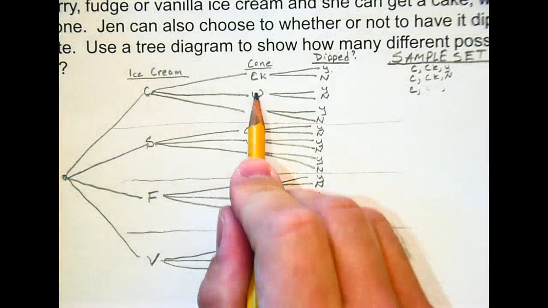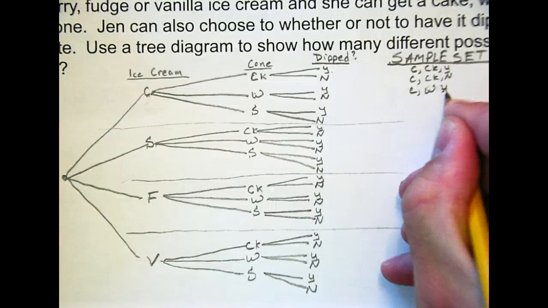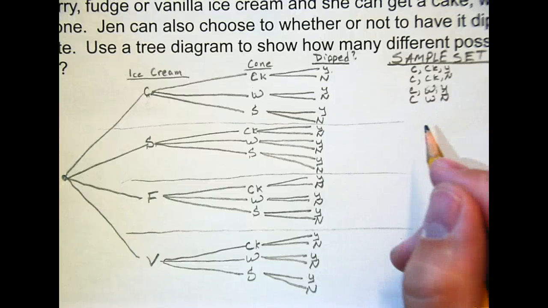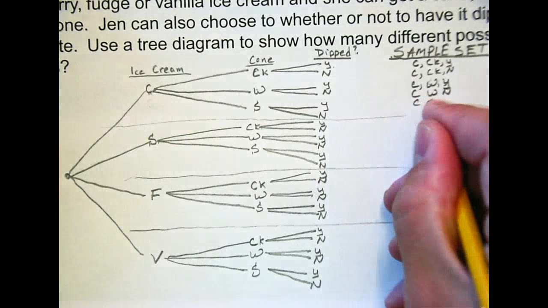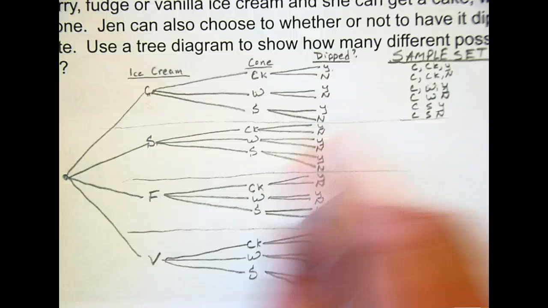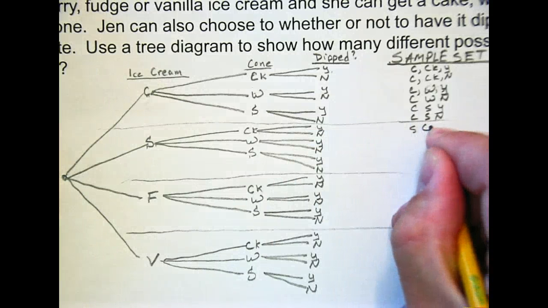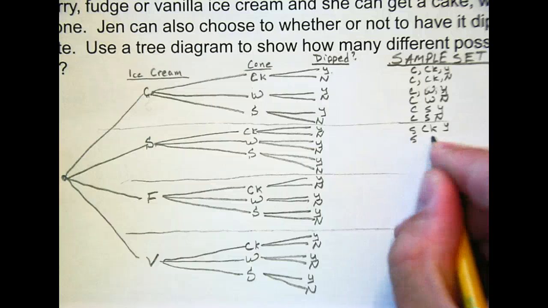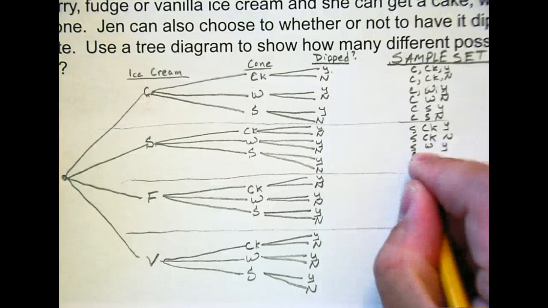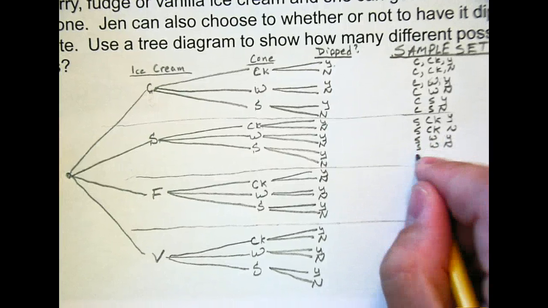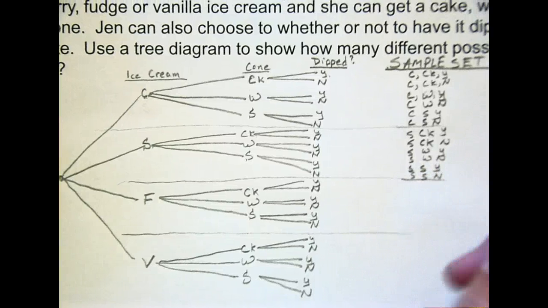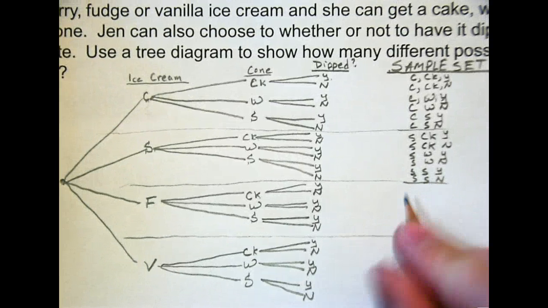So we have C, W, Y. You don't have to put the commas. That'll save you a little time. C, W, N. C, S, Y and C, S, N. S, C, K, Y; S, C, K, N; S, W, Y; S, W, N; S, S, Y; S, S, N. Ain't nobody got time for that.